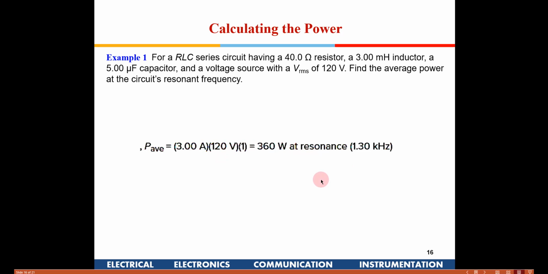So this is straightforward. You don't have to get into the details of the impedance offered by the inductor and capacitor, since it is written clearly that we need to find the average power at resonant frequency. At resonance, these are going to cancel out each other.